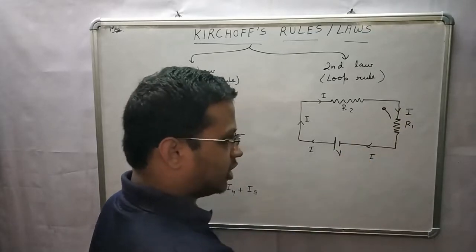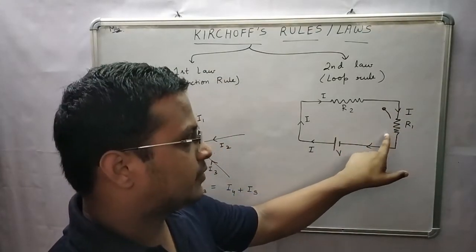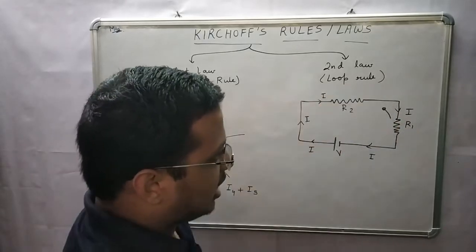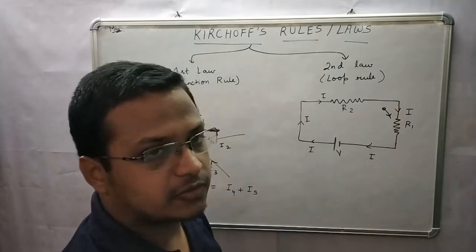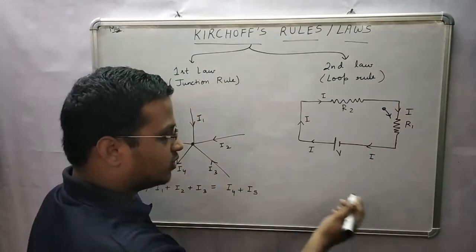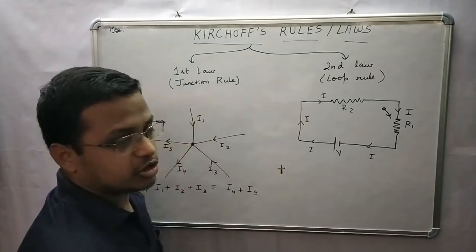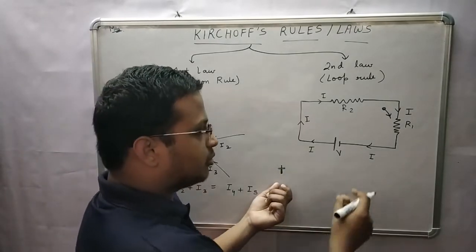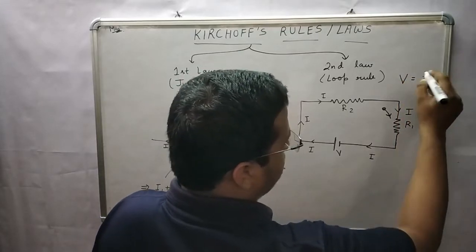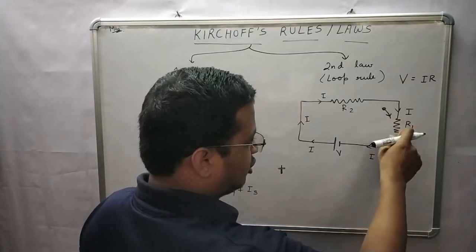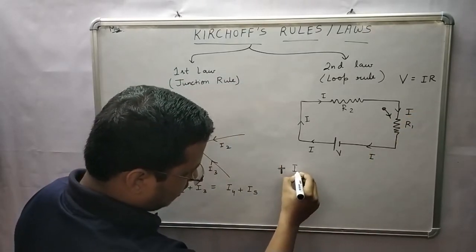While moving clockwise, we first encounter the resistor R1. Here, the direction of our movement is equal to the direction of current flowing through that resistor, so we take the potential drop to be positive. As you know, V is equal to IR, so the potential drop here will be current into resistance, so IR1.